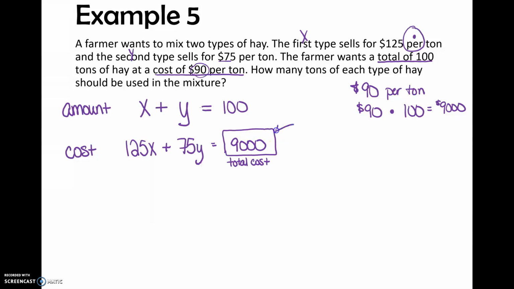So this box is the price per ton times the total number of tons.